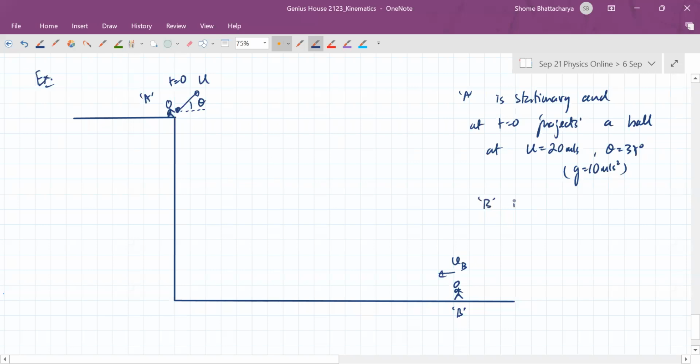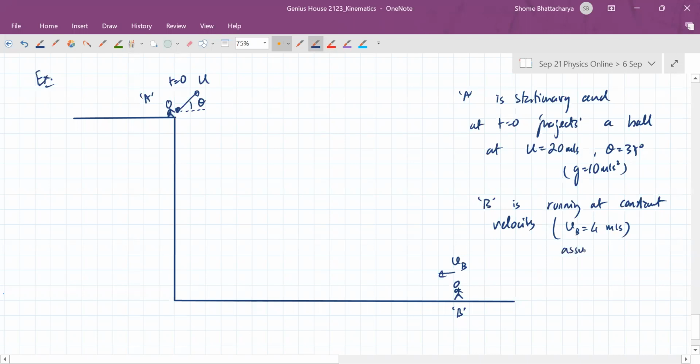B is running at constant velocity of magnitude, let us say, 4 meters per second.